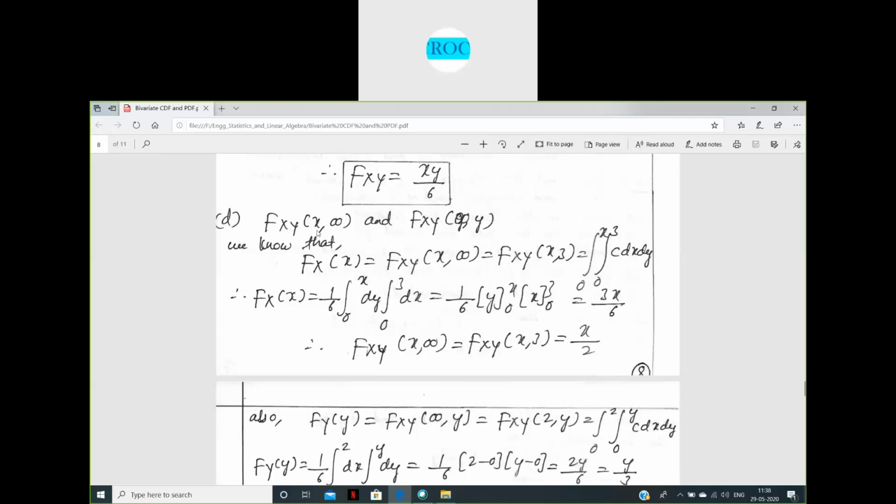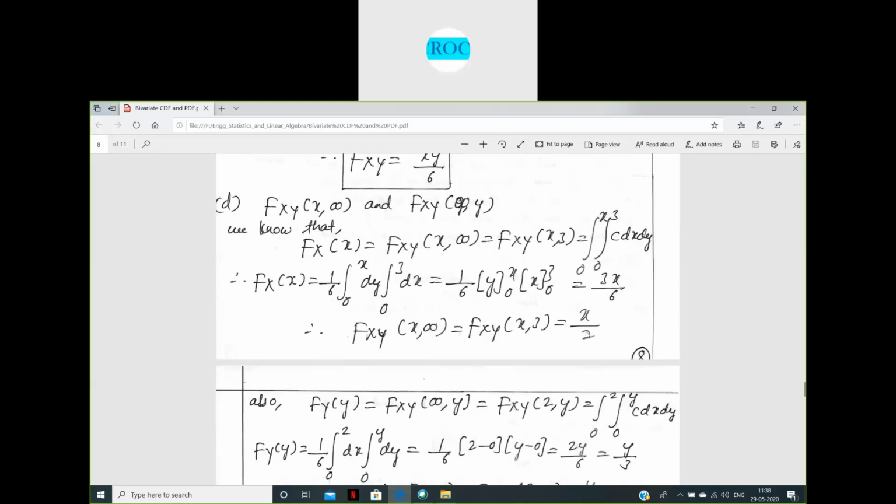We know by the third property of bivariate CDF, this is nothing but equal to Fx of x, Fxy. Now here the limit what we have is 3, x comma 3. This is equal to integration 0 to x, 0 to 3, c dx dy. C is 1 by 6. Evaluate this integration, what we get is 3x. 3x divided by 6 will be x by 2.